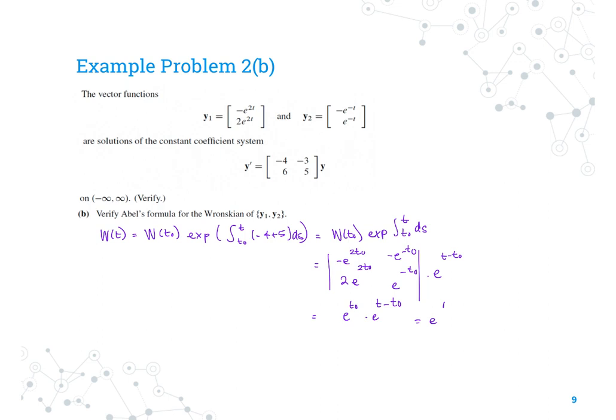When we add up the exponents, t0 plus t minus t0, we end up with e^t, which is exactly what we got in part A. So this is consistent with part A, and we've confirmed that Abel's formula for the Wronskian works in this case.